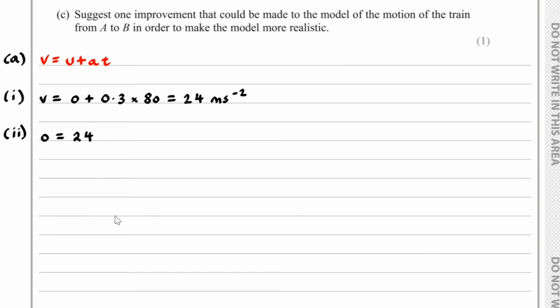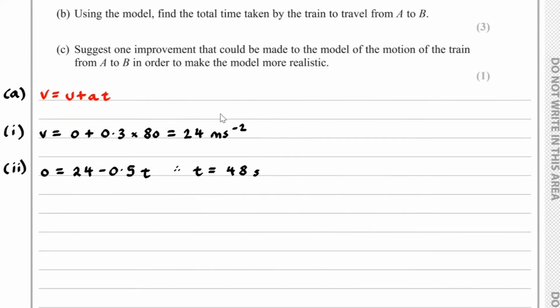The idea is it starts from rest, accelerates with constant acceleration, then it decelerates, and up to here is where we have 24 meters per second. So our current velocity is 24, and because it's decelerating at 0.5 meters per second squared, we've got minus 0.5, and then we multiply this by t. And what you can see then is t is equal to 48 seconds.